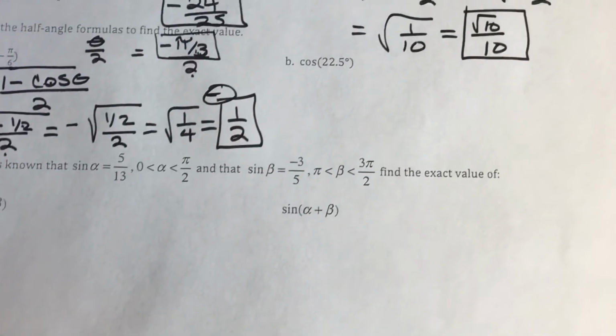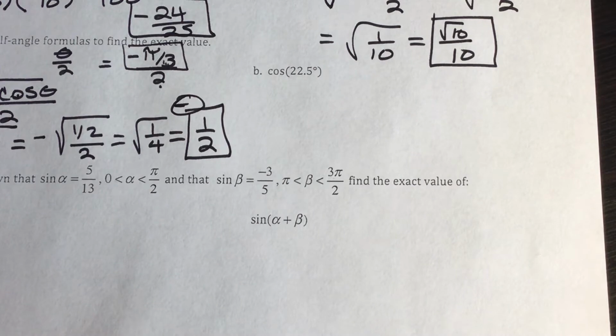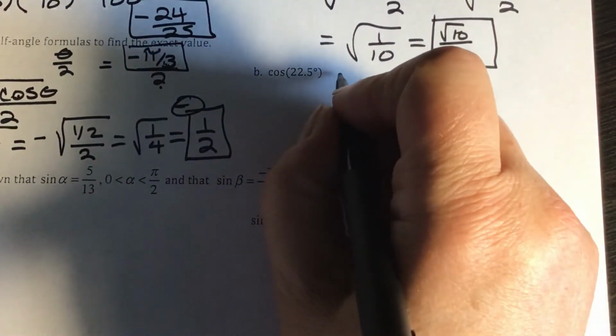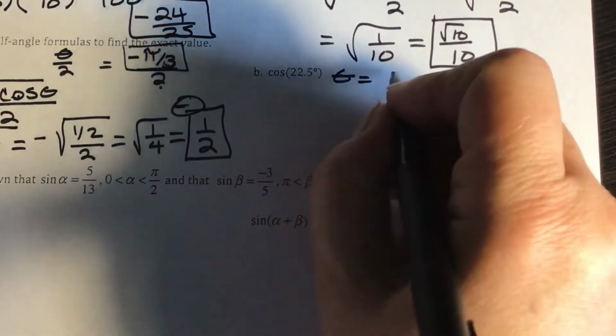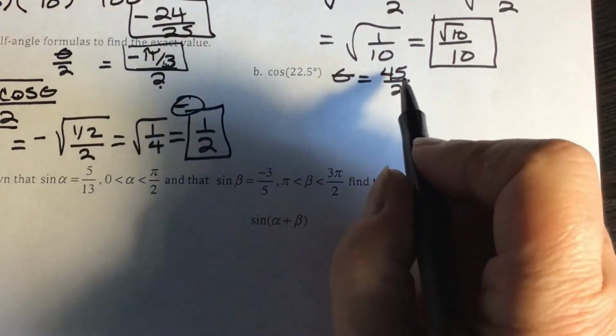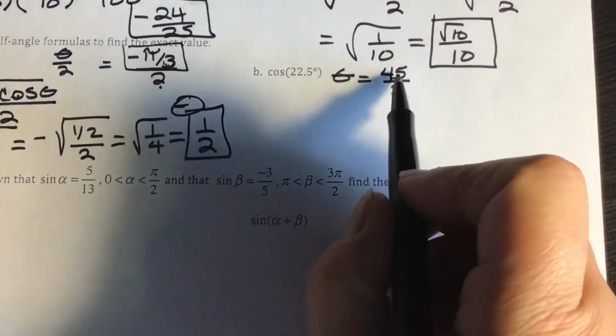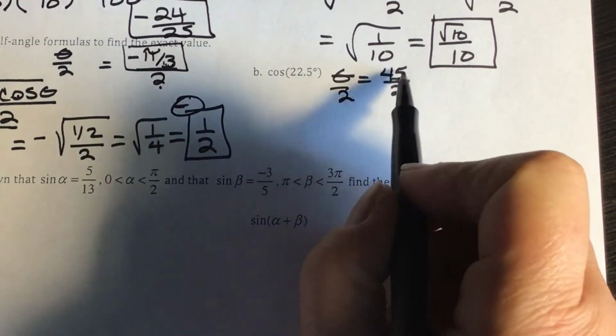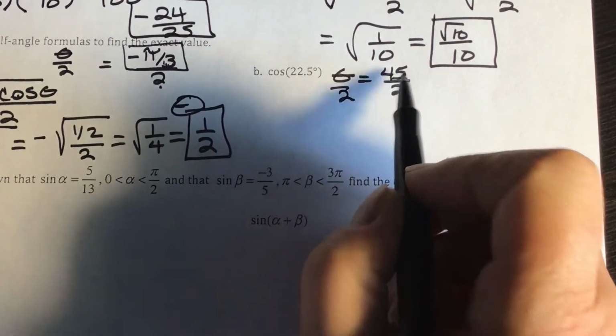In part B, I'm looking for the cosine of 22.5 degrees, and I'm doing this as a half angle. So this would be the same thing as my angle being 45 over 2. Okay, so when I'm looking for cosine of the angle, I'm looking at cosine of 45.